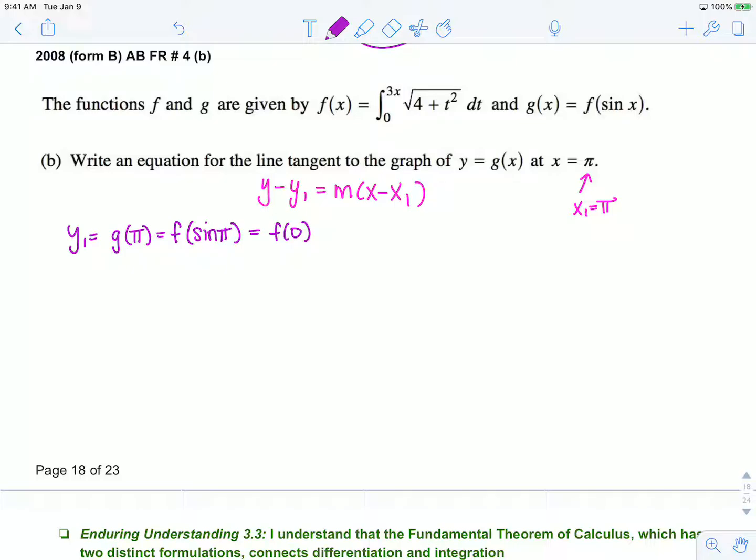So if we try to find f of 0 using this accumulation function above, that's going to equal the integral from 0 to 0 of square root 4 plus t squared dt. Well, if we're finding the integral from the same constant to itself, that overall answer is 0. So we know that y1 is 0.